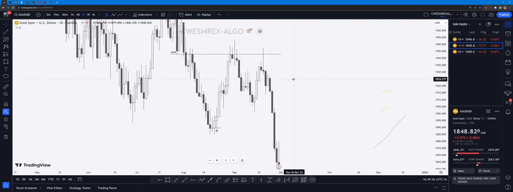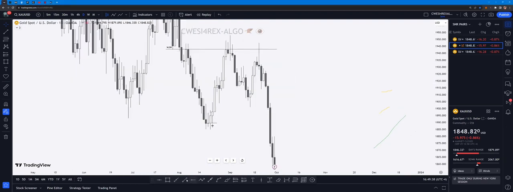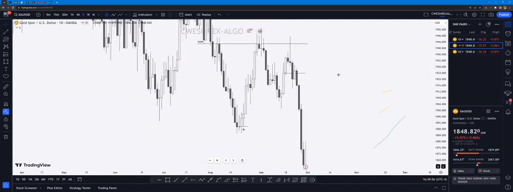What you can do is this is the last decisional candle, last bullish decisional candle that led to this push up over here, right? So this level is the level that you'll be looking at as a breakout.